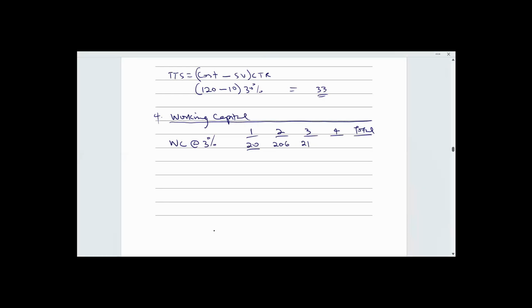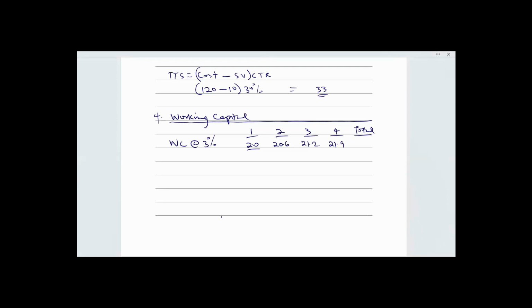Here is 21.2. 21.2 multiplied by 1.03 equals 21.9. Here is 21.9. You can see that our working capital has increased from 20 million naira to 21.9.